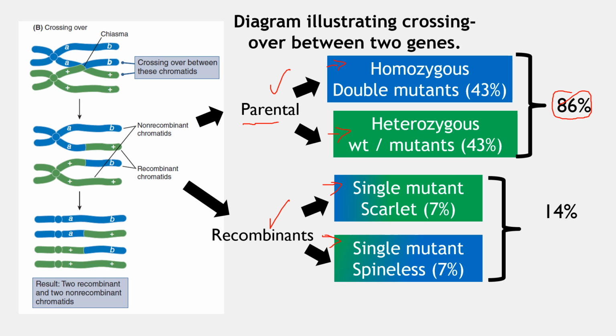If you divide it by 2, you get 43 here and 43 here. For the recombinants, this will be 14%. So 7% of a single mutant, that will be scarlet, and 7% of the spineless.